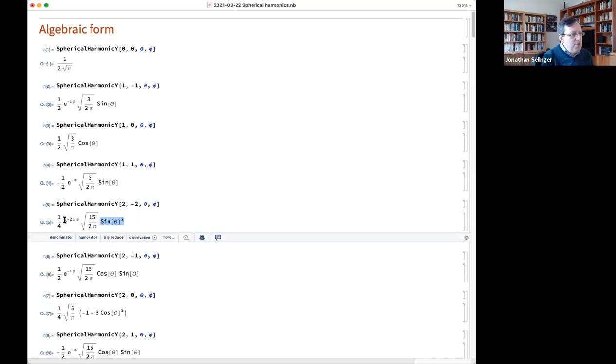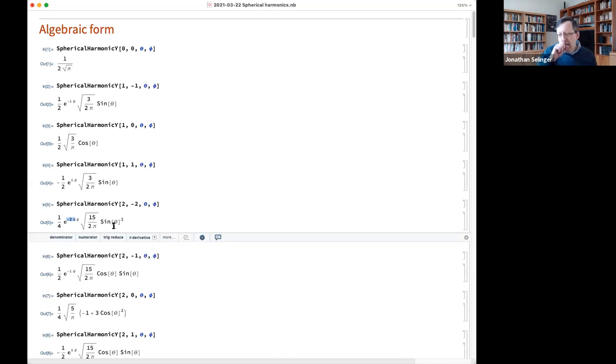And then that's multiplied by a dependence on phi, which is a complex exponential. And in the complex exponential, the thing multiplying phi is the m number. So this is how the m number comes in. It's m times i times phi.